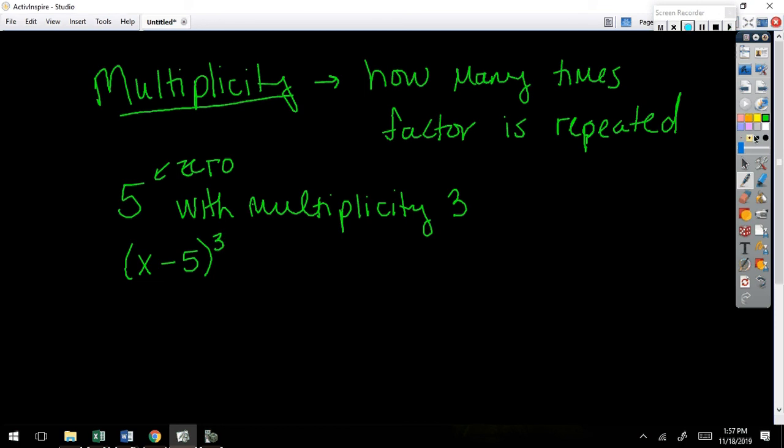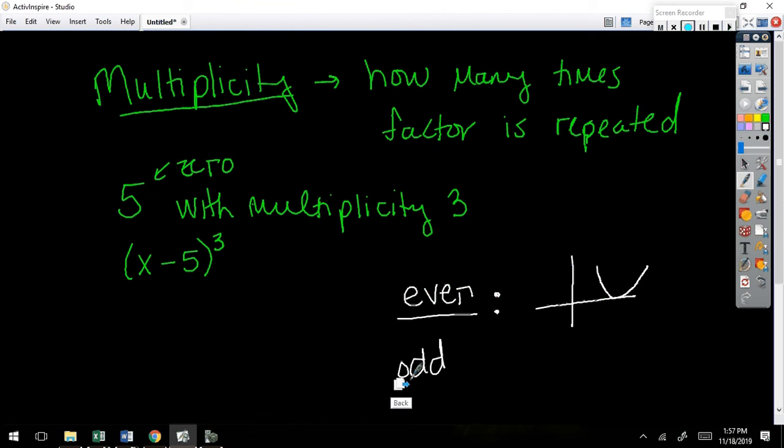And again, I'm just reviewing a little bit before I introduce the new stuff here. We also talked about even versus odd multiplicity, okay? We said when it's even multiplicity, that means that it bounces off of the x-axis. It never actually crosses through, it just bounces off.